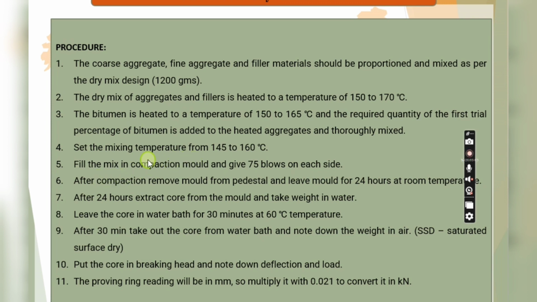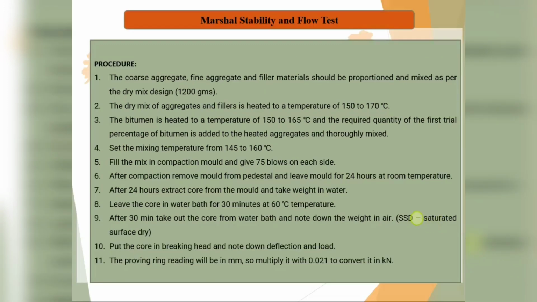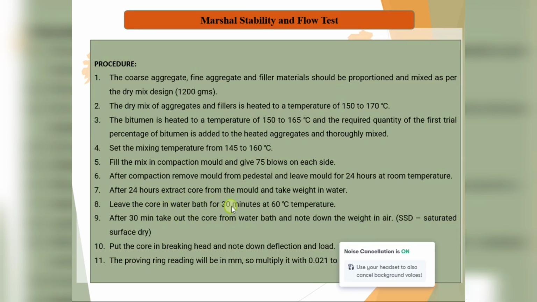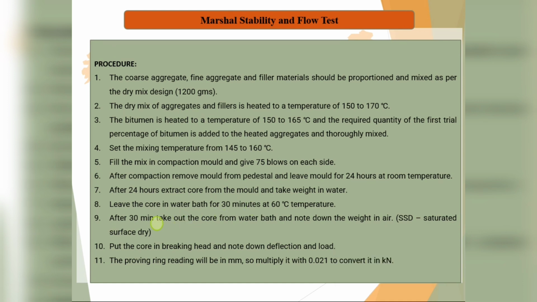The maximum mixing temperature is 145 to 160, and fill the mold. After 24 hours, take the core out of the mold and take its weight in water, and leave the core in a water bath for 30 minutes at 60 degrees temperature.